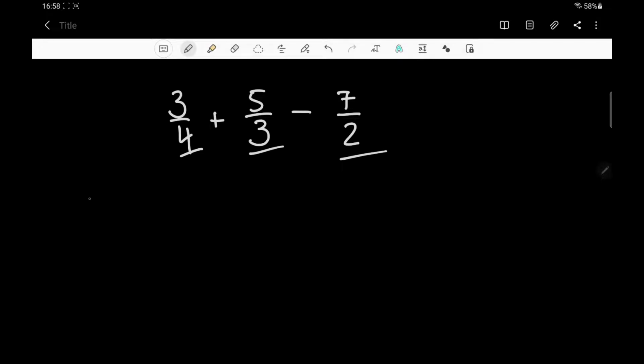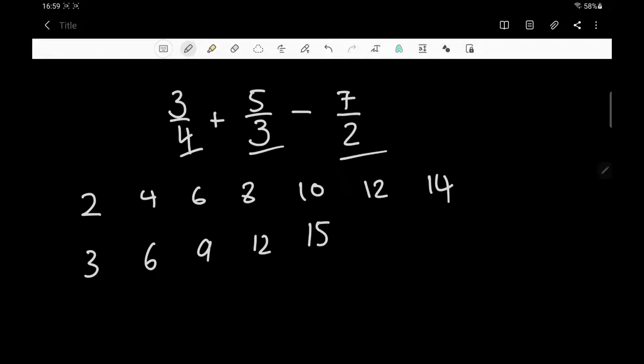So first we will find the common multiples of 2: 2, 4, 6, 8, 10, 12, 14, and so on. For the 3: 6, 9, 12, 15, and 18, and so on.